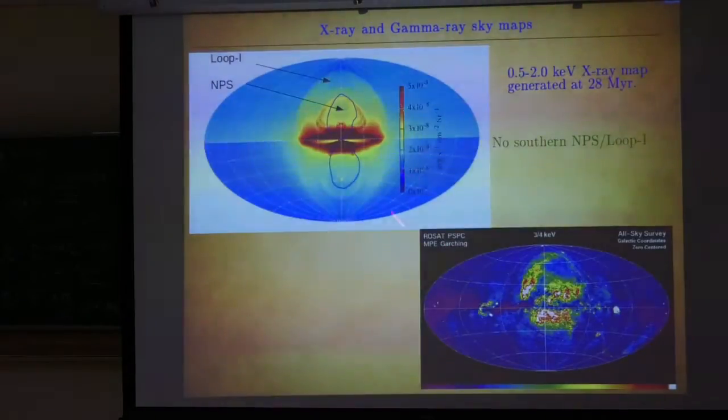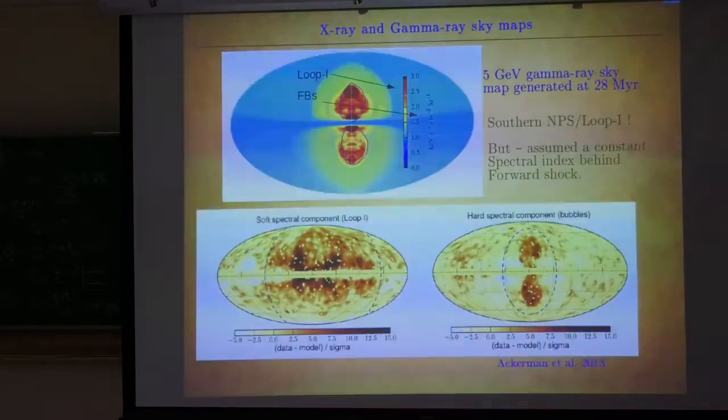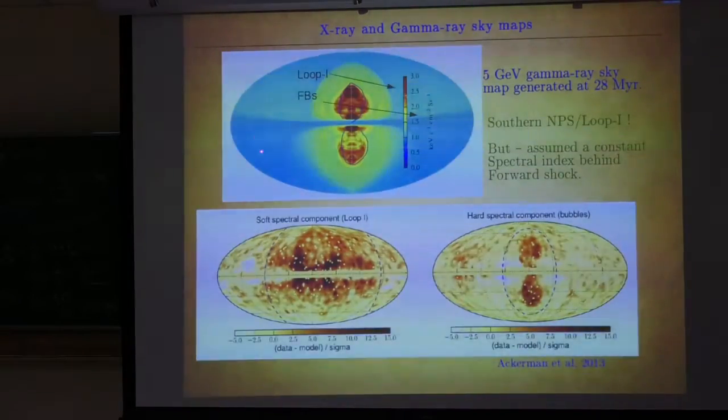Alright, and just for the sake of comparison, this is the observed map, and this is the obtained map. In the gamma ray, we see, again, some kind of high energy physics. Don't worry about it much.